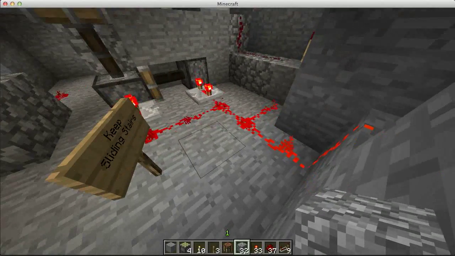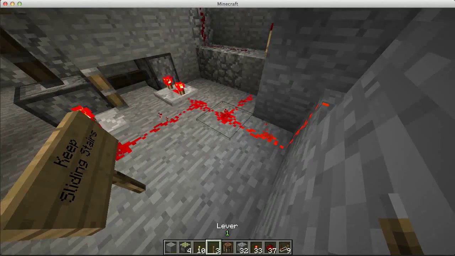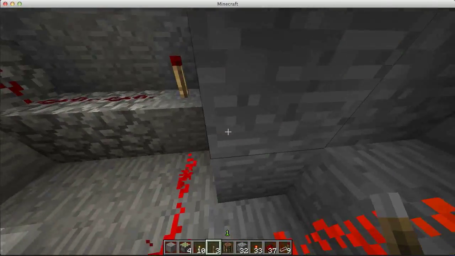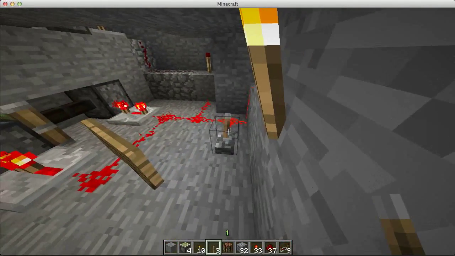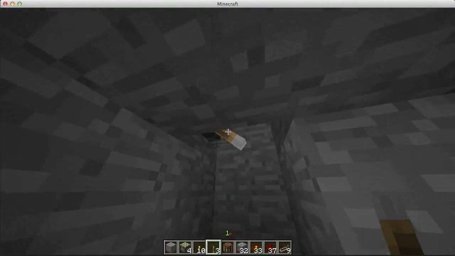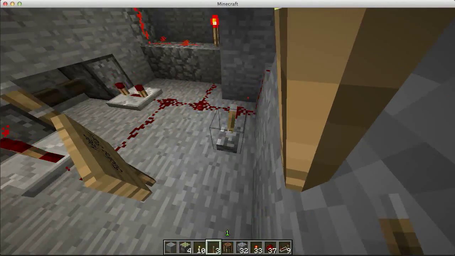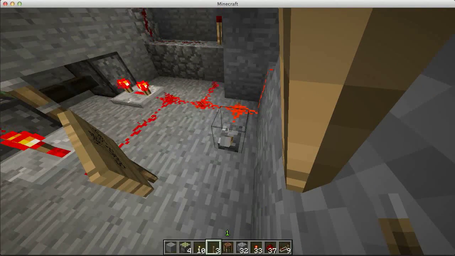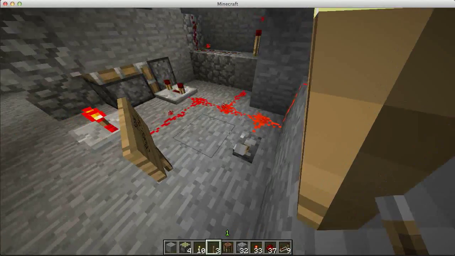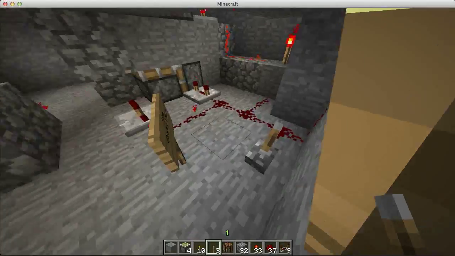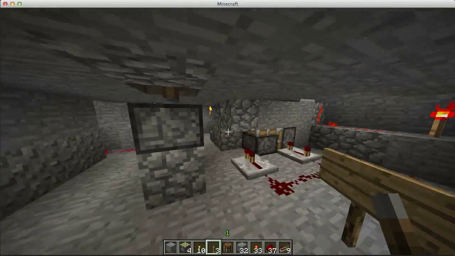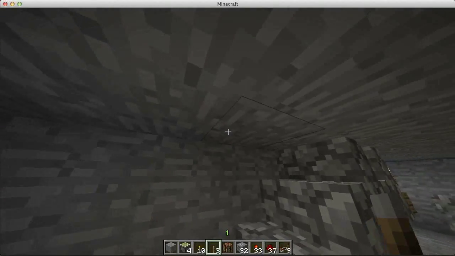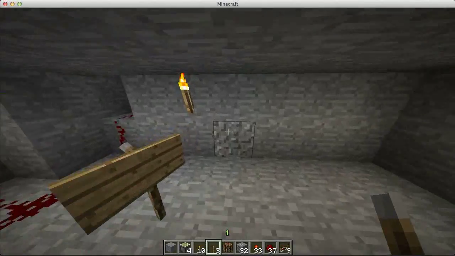Let me see. And that's an inverter circuit there. Okay, so the stairs stay the same. These are the ones that are being pushed and pulled from the sideways pistons.